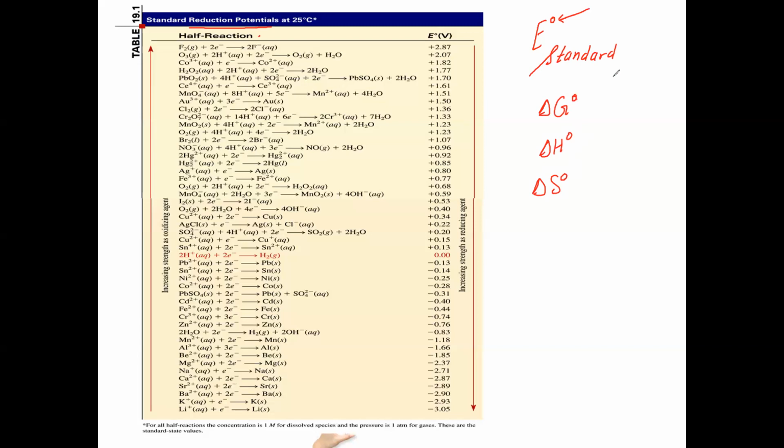STP is an entirely different thing. Standard condition means temperature 25 degrees Celsius, pressure 1 atm. If you are dealing with solutions, then 1 molar is the concentration. If you are not dealing with solutions, then 1 mole is the amount.